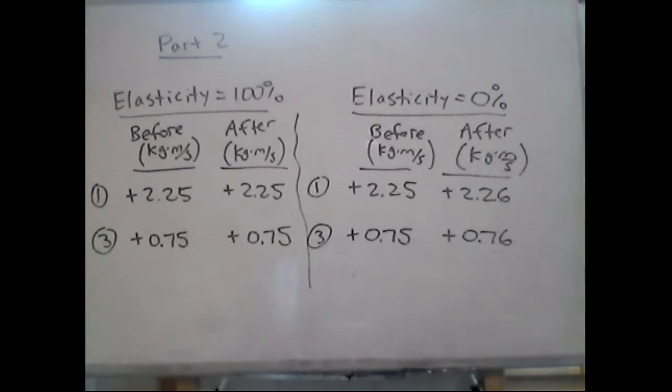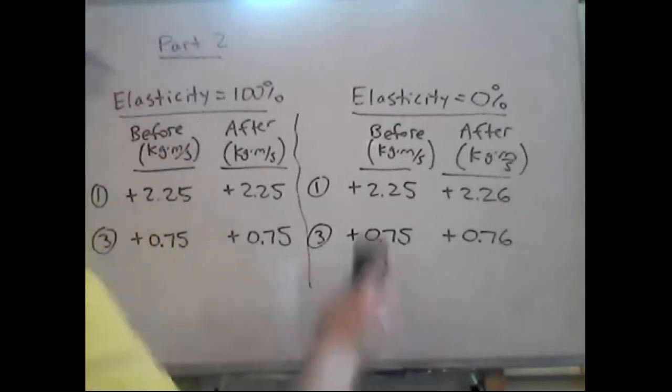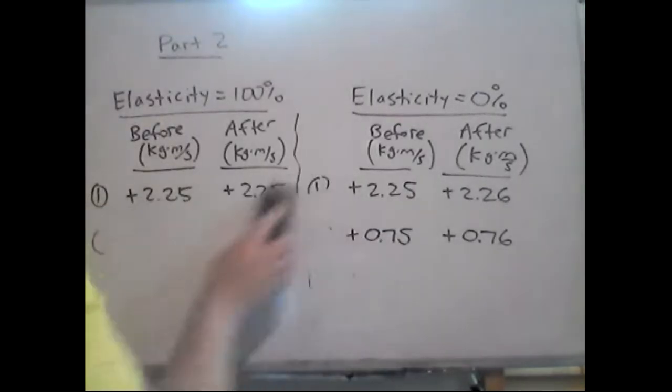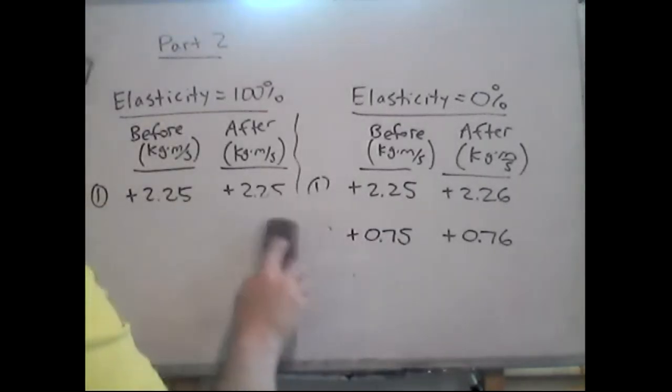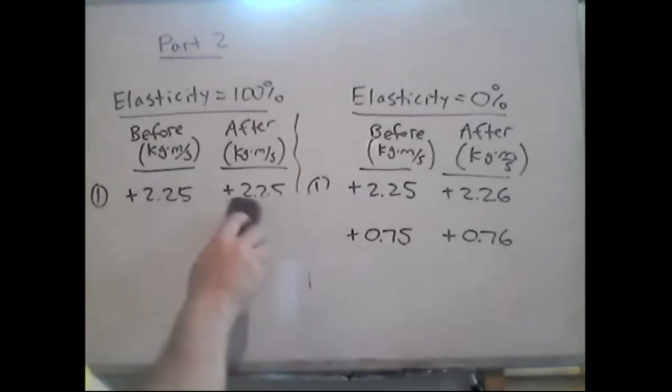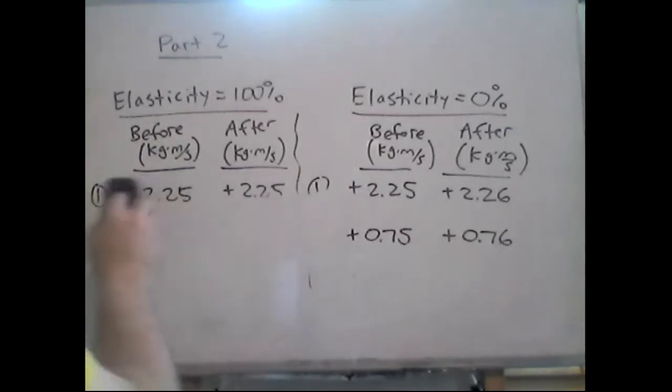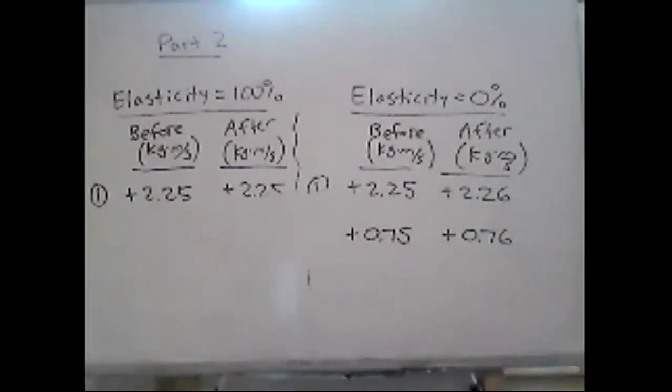The answer is no. No way, right? Because as we saw, what we're seeing here is the total momentum of all the objects in the system, the two objects, that is what's conserved, not the momentum of an individual object.